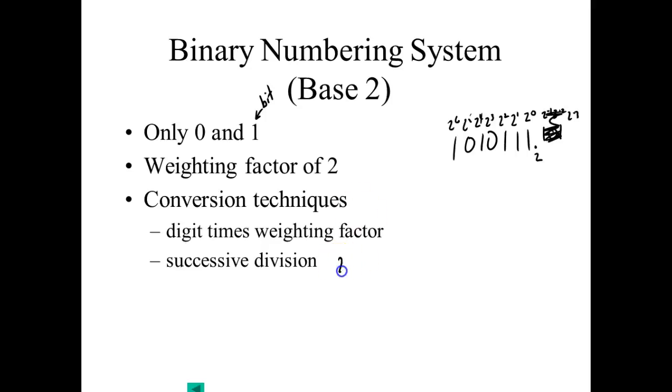Any number raised to the 0 power is equal to 1. If you ask a lot of people that, 2 to the 0, most will say 0. 2 raised to the first is itself, which is 2. 2 squared is 2 times 2, which is 4. 2 to the third is 2 times 2 times 2, so 2 times 2 is 4, times 2 is 8. 2 to the fourth is 16, 2 to the fifth is 32.